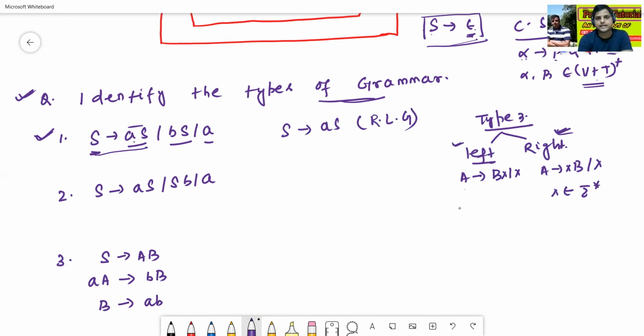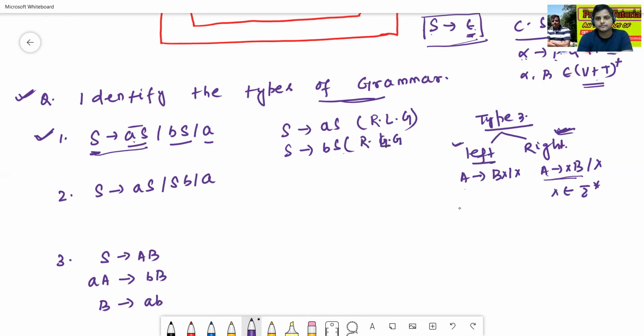Now we'll check AS to BS. It belongs to right linear grammar, in the form A to xB. So it is called right linear grammar.